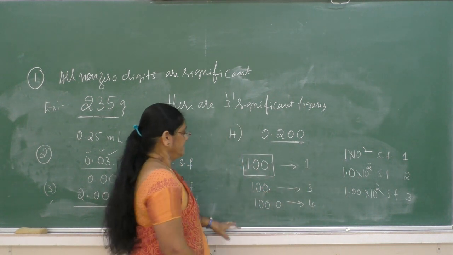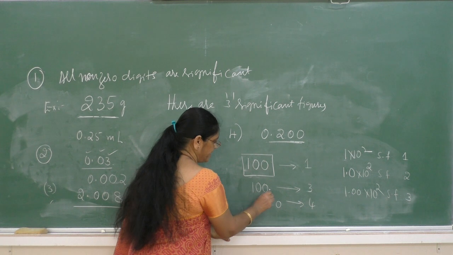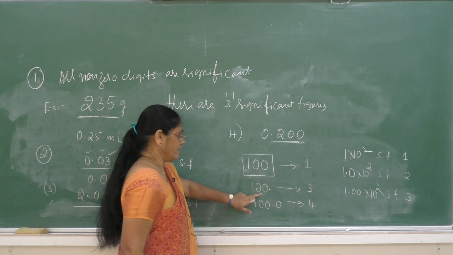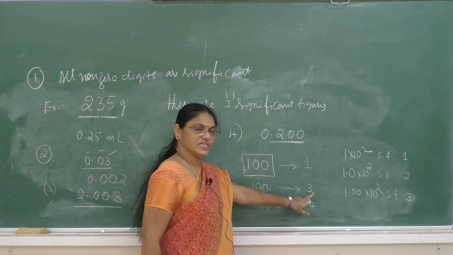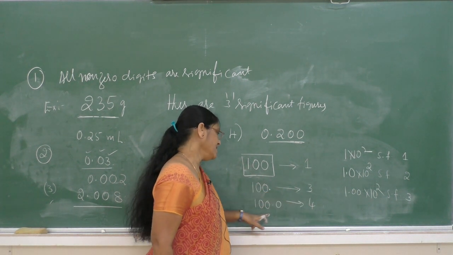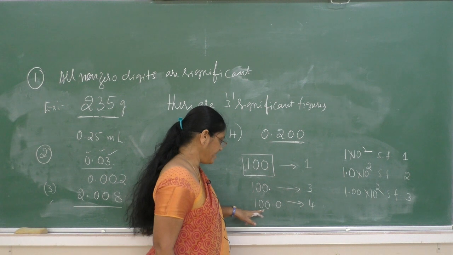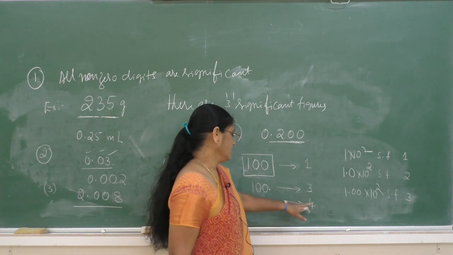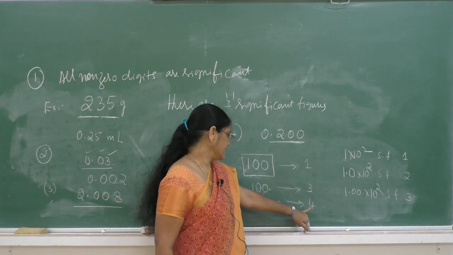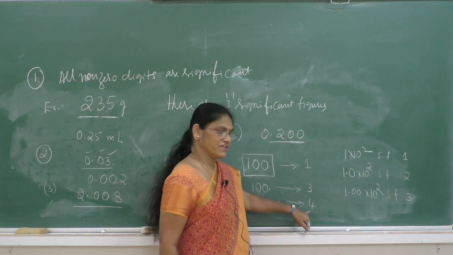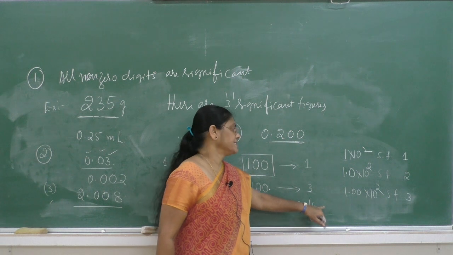This can be written as 100 point. How many significant figures are there? There are 3. Then 100.0 has 4 significant figures.